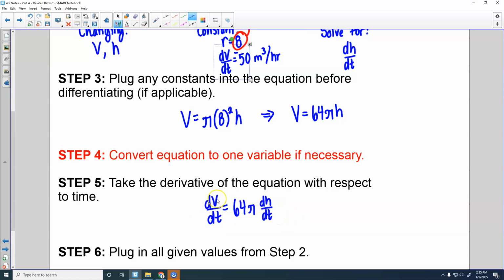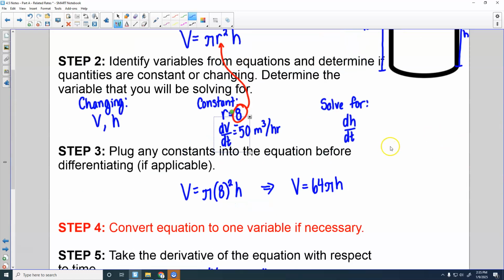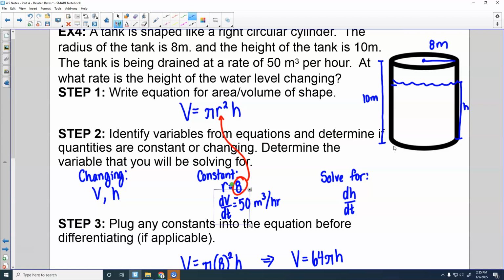All we have are rates of change, right? So it doesn't have to say what is the rate of change when the height is 7, because there is no h to plug in here. So what is happening here is dv/dt and dh/dt are not the same, but they are both going to be constant. And if you think of that, it makes sense, because as this drains, like if we're taking the water out at a constant rate, the height's going to drop at a constant rate here.